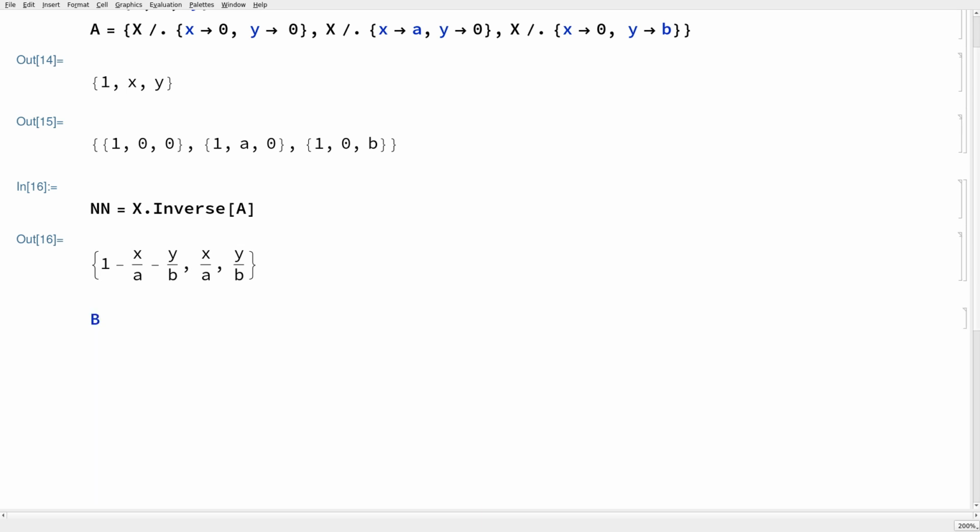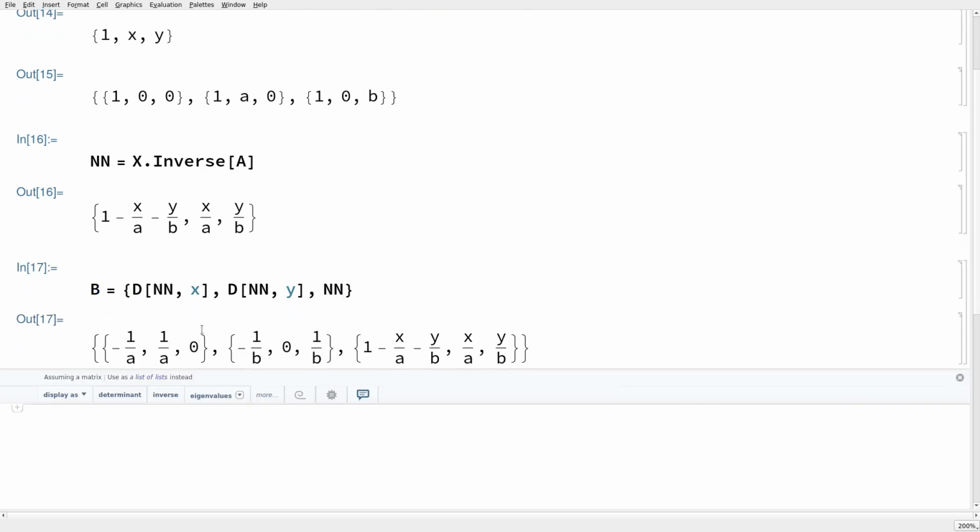And so then our B matrix is going to be the derivative of the shape functions with respect to x, the derivative of each shape function with respect to y, and the shape functions. Right? So that's my B matrix.